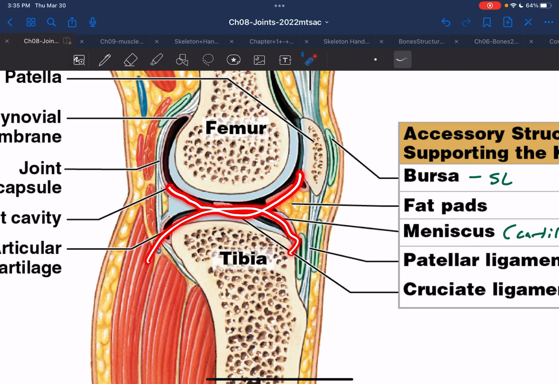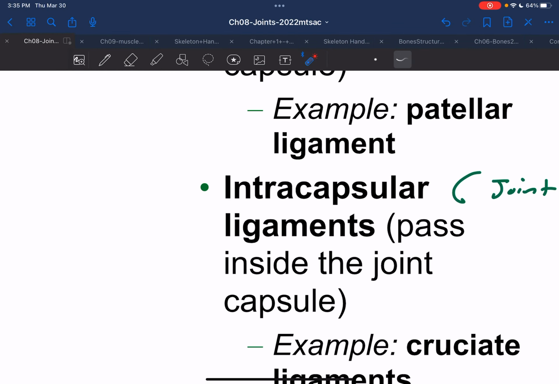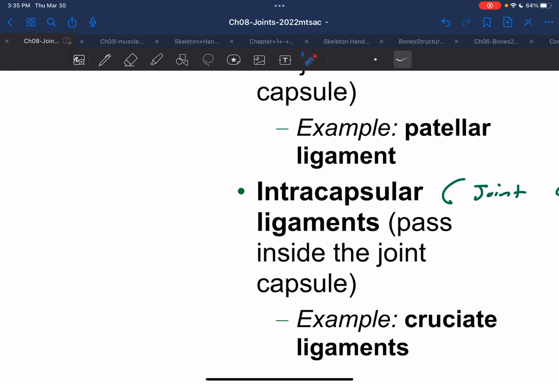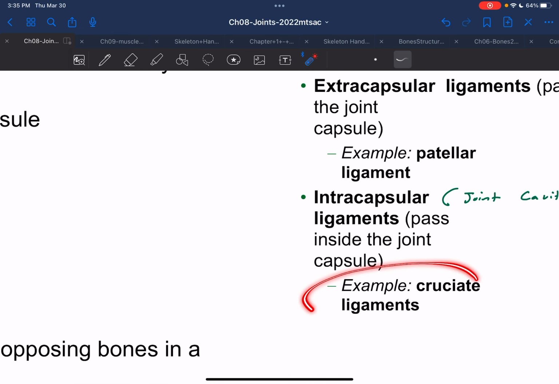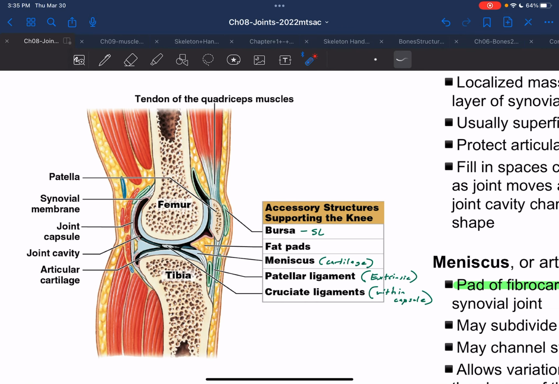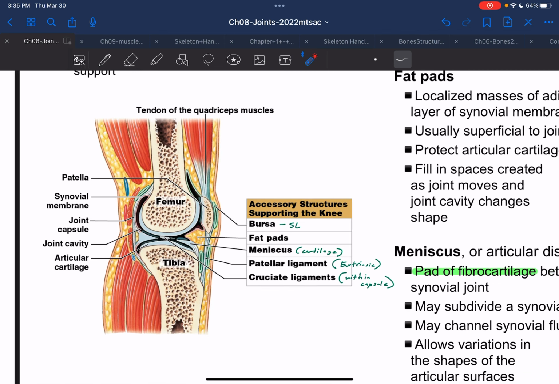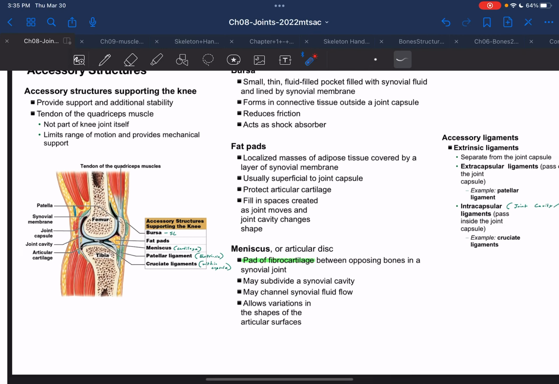That's why we call them intracapsular, because they pass inside the joint capsule. And so an example of this is the cruciate ligament. And we're going to see the knee is the one that we use to understand synovial. There's about 9 or 8, but for our lecture exam, we only really learn one, and that's going to be the one around the knee. And we're going to see a little more detailed pictures in a sec.